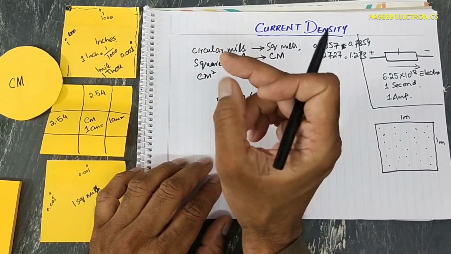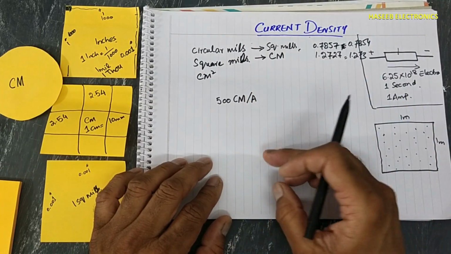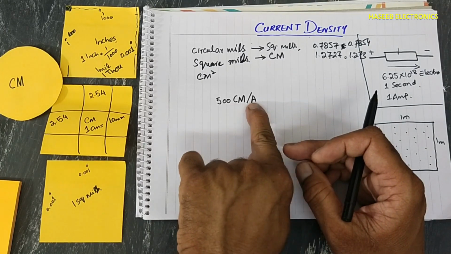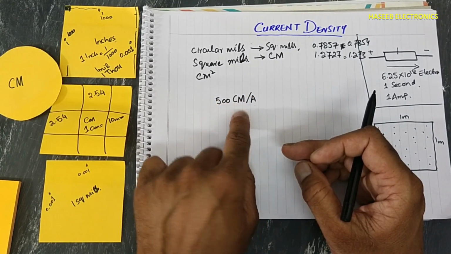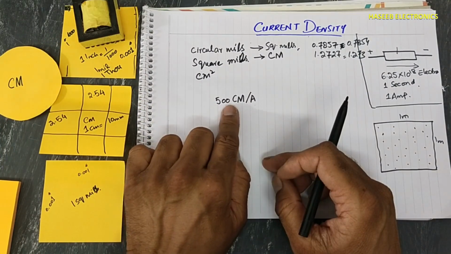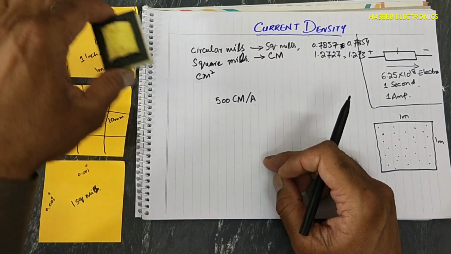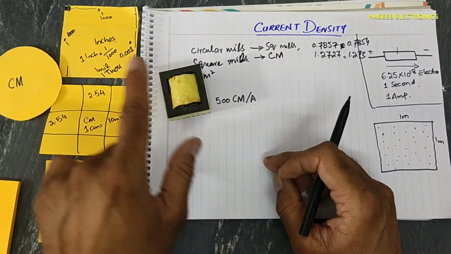500 circular mils of wire thickness is allocated for 1 ampere. Or we can say, for 1 ampere current, we need 500 circular mils thick wire. Now wire is recommended in this number. When we are discussing the core, its measurements are in centimeter, millimeter.